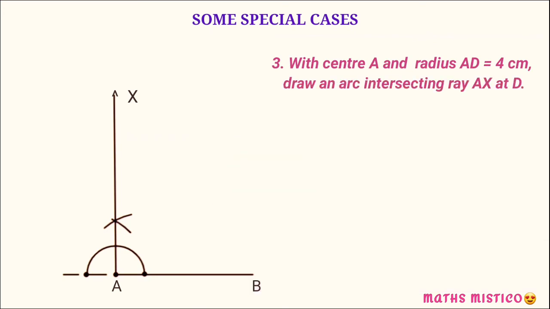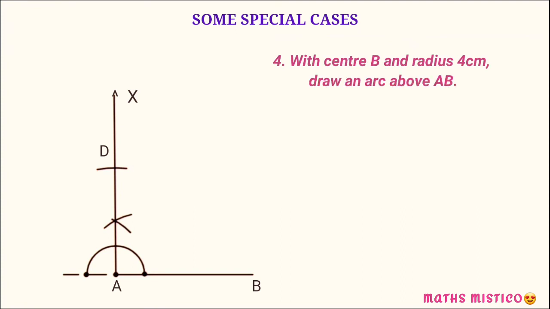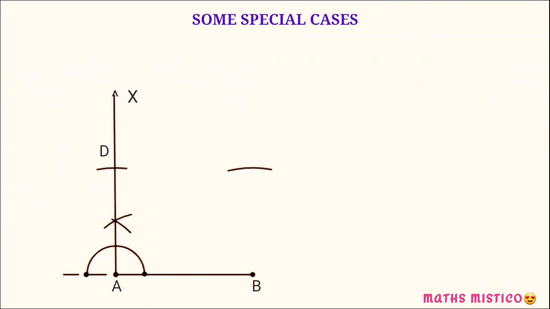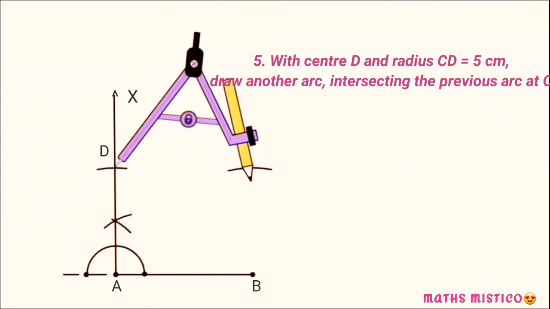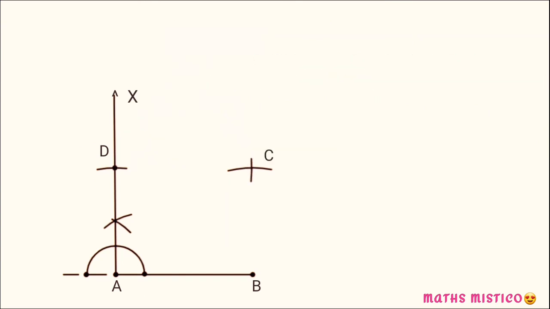This gives us the vertex D of the rectangle. The vertex C is at a distance 4 cm from the point B, so we will take 4 cm as radius, center at B and cut an arc above AB. Next, taking center at point D and radius CD equal to 5 cm, draw another arc intersecting the previous arc at point C. Joining C to D and B, the rectangle is completed.